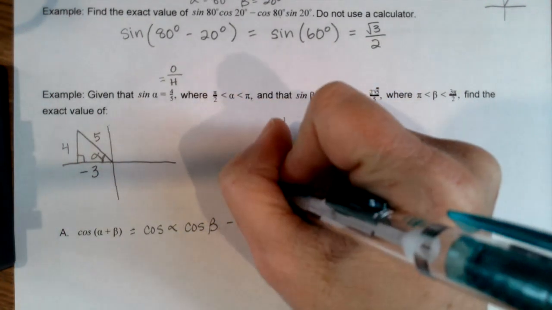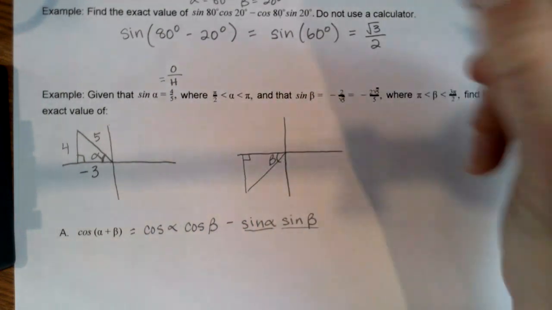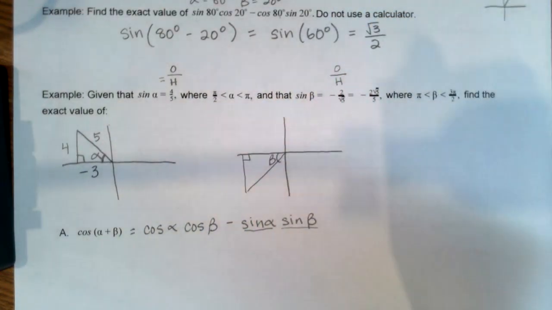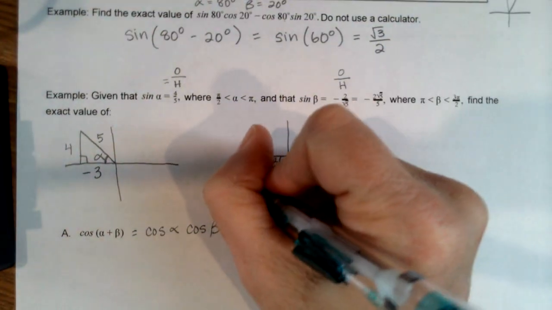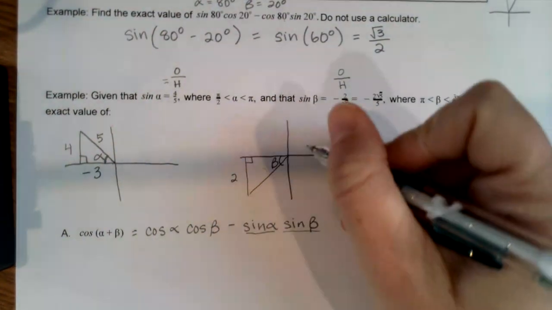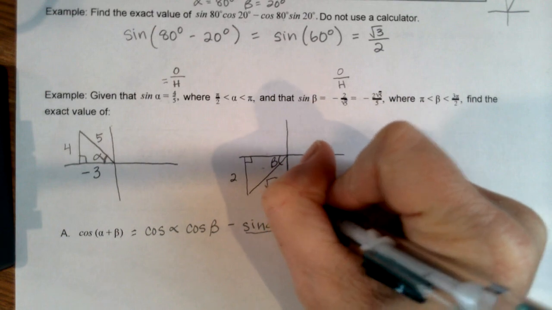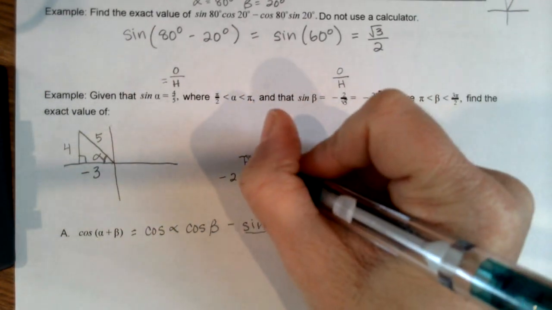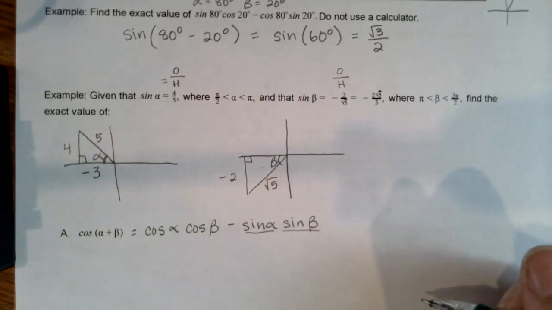I draw in my triangle. Again, my sine is opposite over hypotenuse, so my opposite is going to be 2 and my hypotenuse is going to be square root of 5. This 2 is going to take on the negative since I'm moving in a down direction.